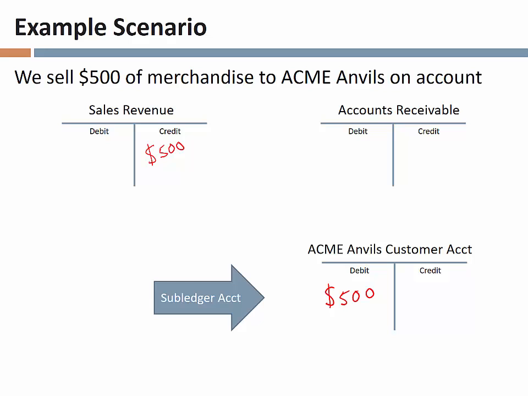And sure enough, if we were to back up a few slides, we would see that crediting a revenue account means that I have increased the revenue value. And my offsetting transaction here is, through automated postings, a $500 debit to accounts receivable.